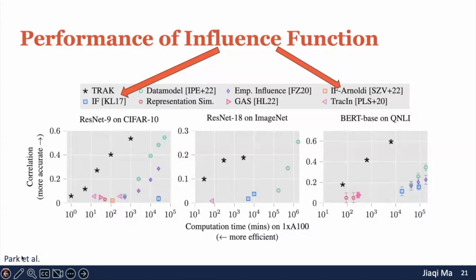However, this paper by Park et al. shows that it is possible to construct a function similar to the influence functions, and at the same time, it performs well in this task.